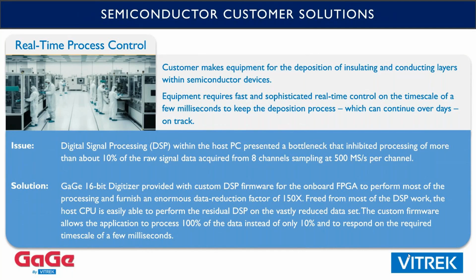So the customer has 8 sensors and originally started out with our 8-channel card streaming the data continuously. This customer will take one trigger and then acquire continuously for literally days as this process of deposition continues. Initially, they were getting all the raw data off the card, which the card was perfectly capable of doing.